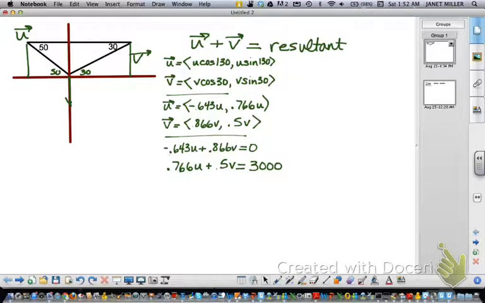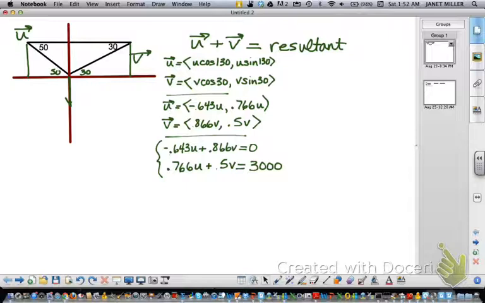So now what I have here is a system of equations that I can solve really any way I want. So I think what I'll do is take my top equation there and solve it for u.